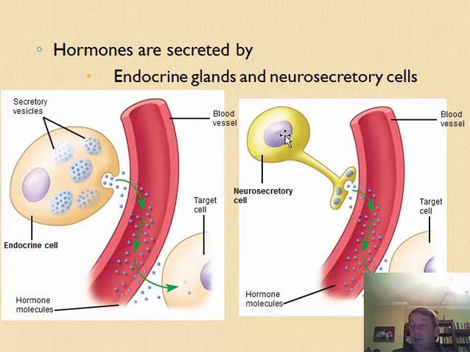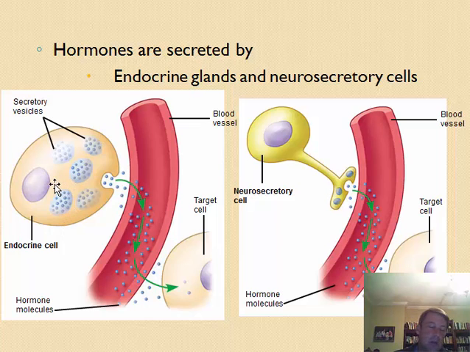There are some of these glands that are located in the brain, so they're actually part of the nervous system. They function the same way, and they have these vesicles that release chemical signals, but we call these cells neurosecretory cells.